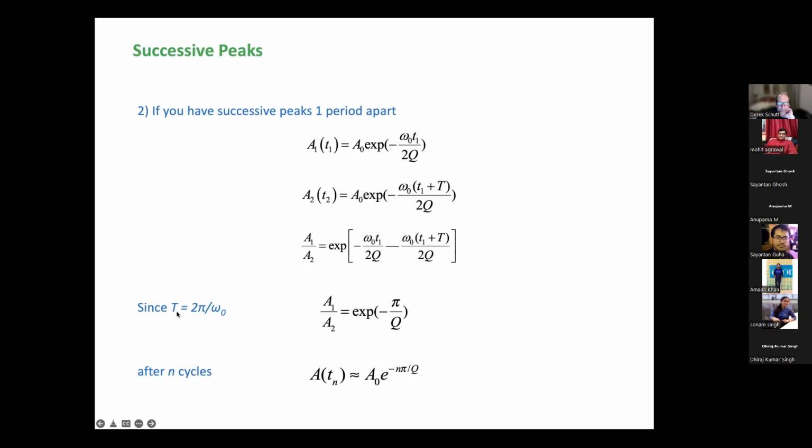And since capital T, the wave period, is 2 pi over omega naught, then A1 over A2 equals e to the minus pi over Q. And after n cycles, A at t sub n is going to be proportional to A naught e to the minus n pi over Q. So each cycle, we are going to diminish it by e to the pi over Q.